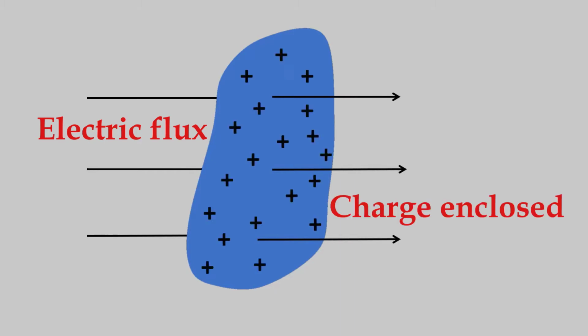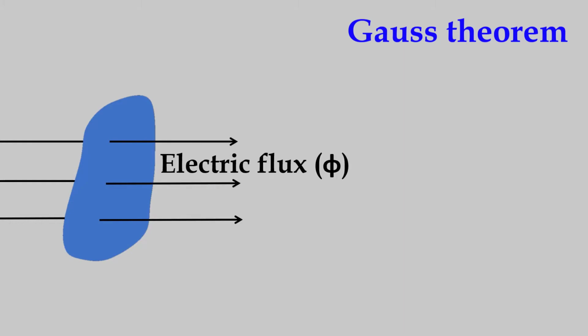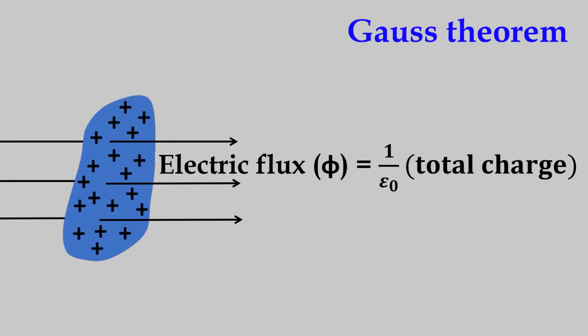There is a relationship between the total electric flux and the charge enclosed in the closed surface. That relationship is given by Gauss theorem. According to Gauss theorem, the total flux linked with a closed surface is equal to 1 by epsilon 0 times the total charge enclosed by the closed surface.